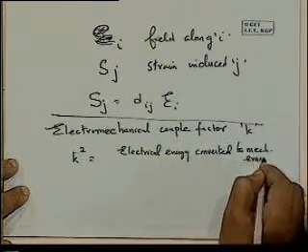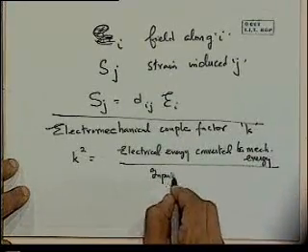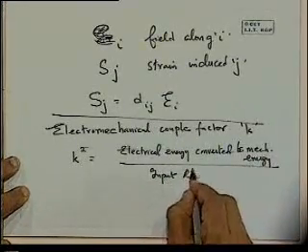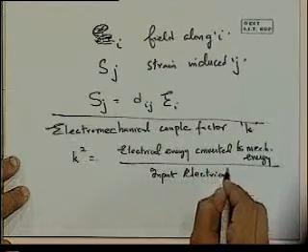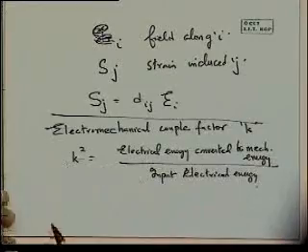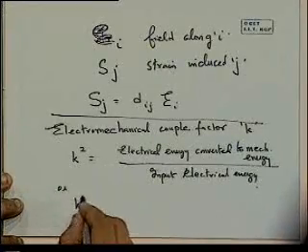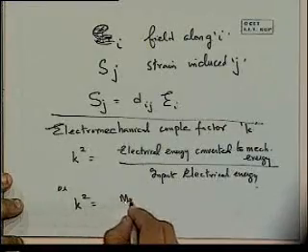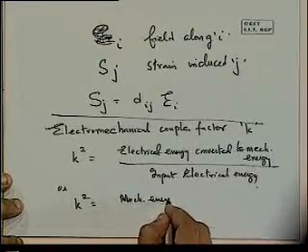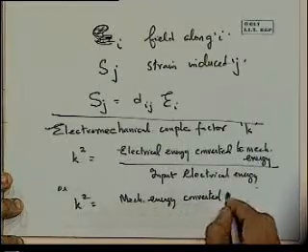All right? How much of the electrical energy got converted to mechanical energy is what is K squared, and so then from there you can get K. Or alternatively, for the opposite effect, you can say mechanical energy converted to electrical energy divided by input mechanical energy.